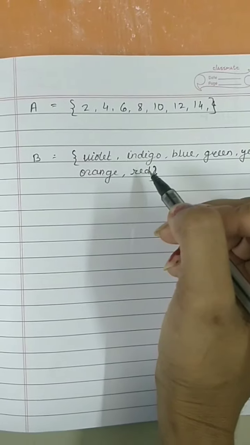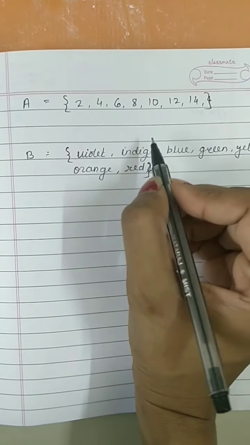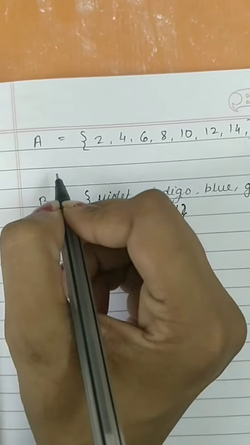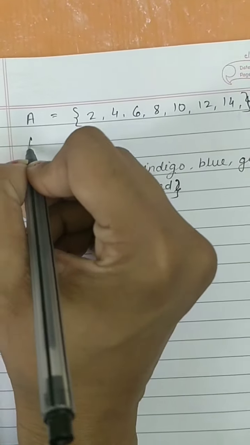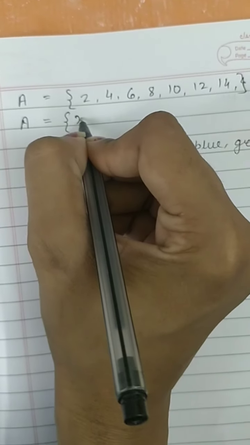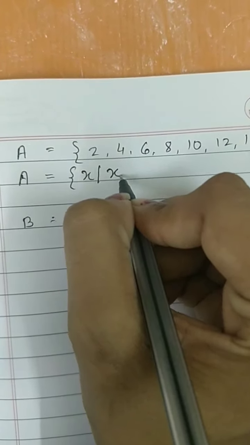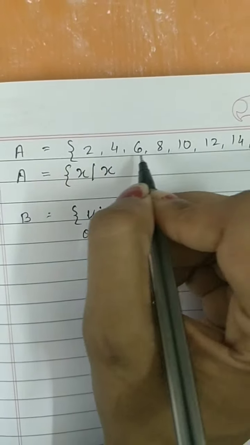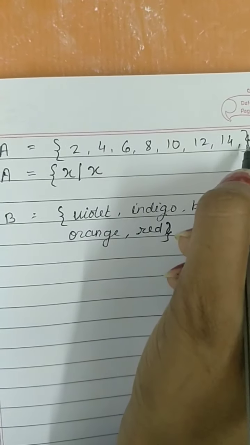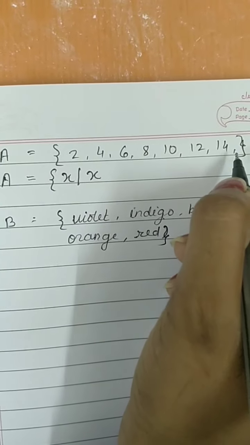Two sets are written in the form of the listing method, and we are going to write them in the form of set builder form or rule method. How will we write that? A is the group of all the x such that this x, now if you observe these numbers 2, 4, 6, these are even numbers, right? And these go till 14 only, so that means these are below 15.